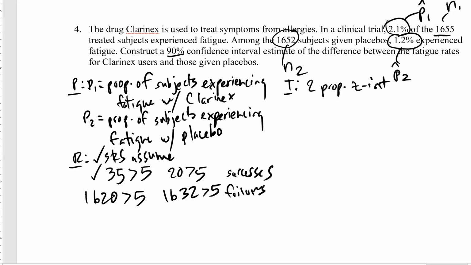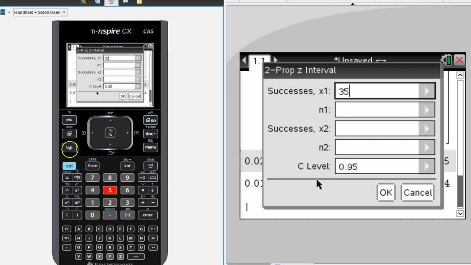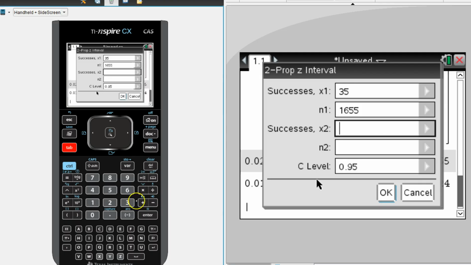We need that. 35 out of 1655. How many successes did we have in the second group? How about 20 out of 1652? But be careful, because they did say to do a 90% confidence interval. So change that to 0.9.